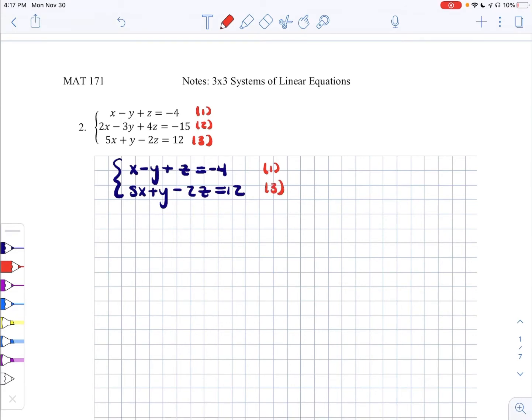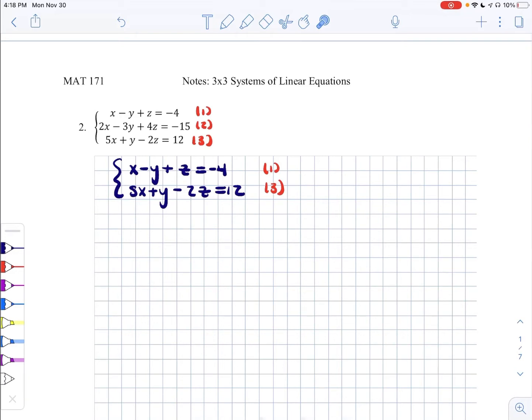Okay. Now, for our other pair, we need to make sure that we eliminate the same variable. So we can either pair together now equations 1 and 2, or we could pair together equations 2 and 3. Doesn't matter which way you go, you're going to end up with the same answer, but again, try and see if one of them maybe looks easier. So to me, with equations 2 and 3, it looks just a tad bit easier maybe, because we already have the negative and the positive, so they're already at least opposite signs of one another.